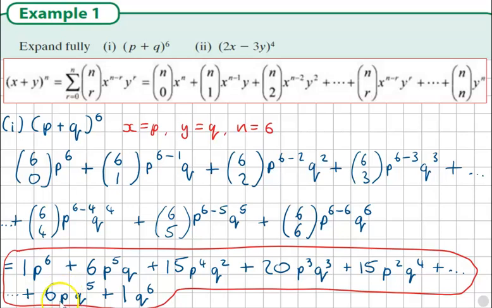And p here is p to the power 1, so it's 1 plus 5 is 6, and then you have 6. And then notice the p's. So the p's are to the power 6, 5, 4, 3, 2, 1, and then technically 0 for the last term. And then in terms of the q's, in the second term, we just have q, and then squared, cubed, to the power 4, to the power 5, and to the power 6.